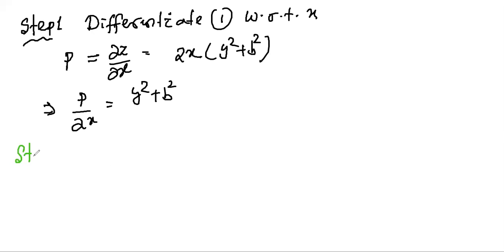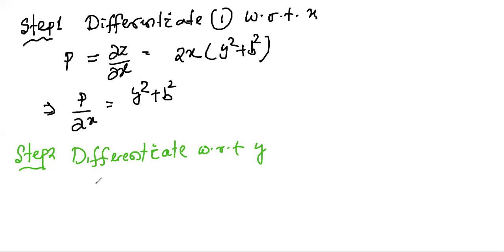Step 2: differentiate with respect to y. Then what is the result? Del z by del y is equal to 2y into x square plus a square.